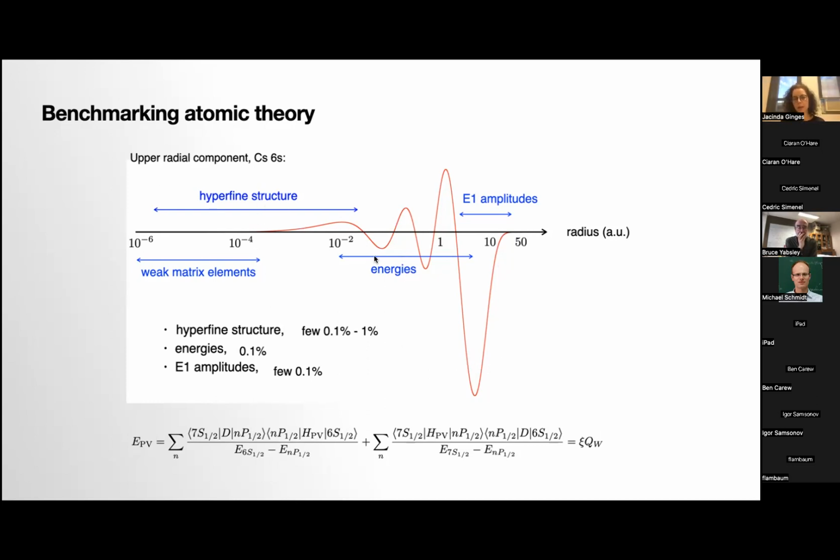So just to be clear about this, when you're doing atomic many-body theory, it is not like doing QED, where when you go to higher and higher orders in perturbation theory, the next order is much smaller than the previous one. Of course, that works when you have a small expansion parameter or perturbation parameter, but in many-body theory, your perturbation parameter is the residual interaction or Coulomb interaction, so the full Coulomb interaction minus your average potential you're starting with, and that perturbation parameter is not small.